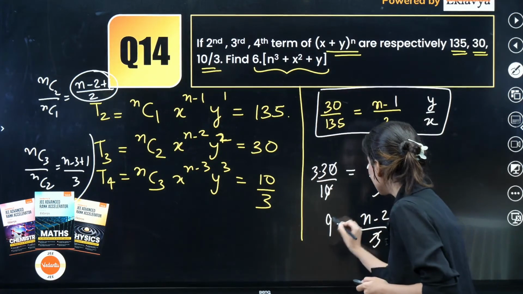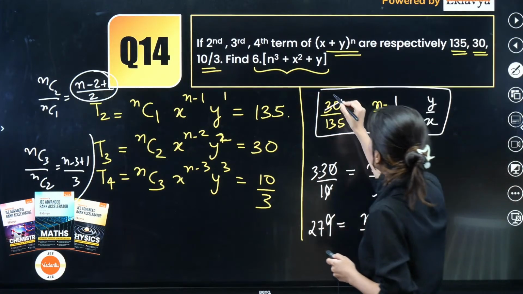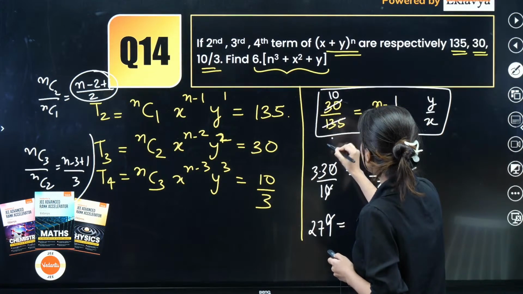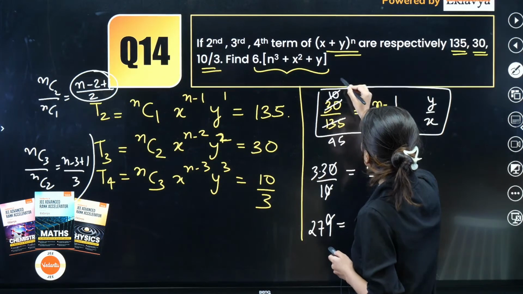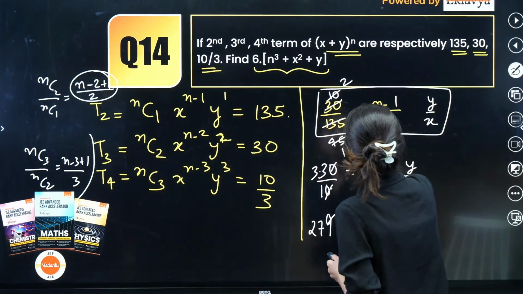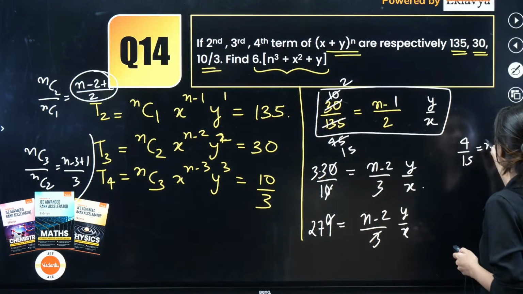So this is 27. Correct? 3 ones are 3, 3 fours are 12, 3 fives are 15. So this is going to be 4 by 15 is equal to n minus 1 y by x.